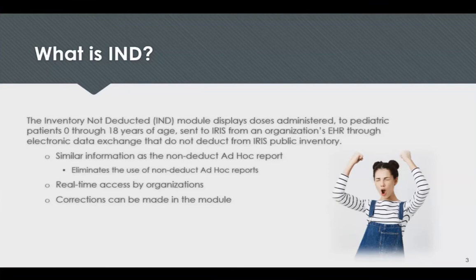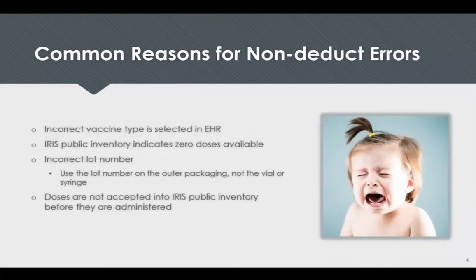Before we dive into the demonstration of the IND module, I would like to review some of the most common reasons for non-deduct errors. For example, the first error is an incorrect vaccine type selected in your EHR that's submitted over to IRIS. If you administer a dose of ProQuad to a patient, but select MMR in your EHR, IRIS can't differentiate that you really meant MMRV.